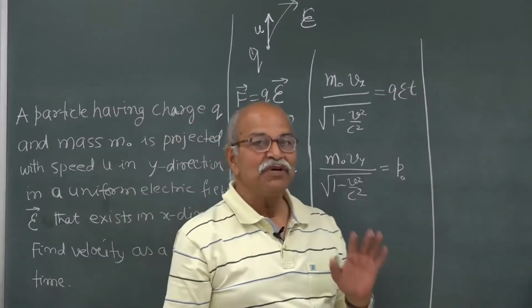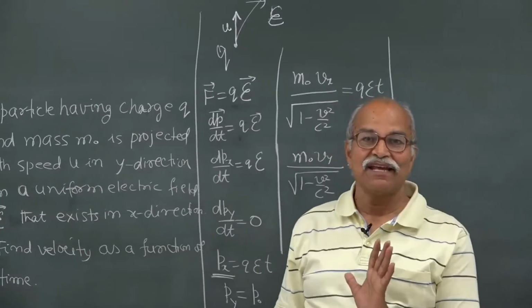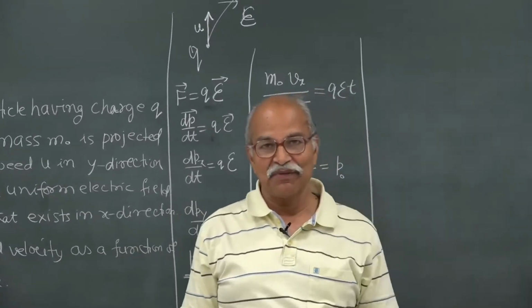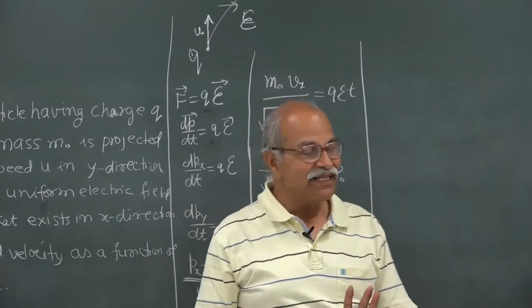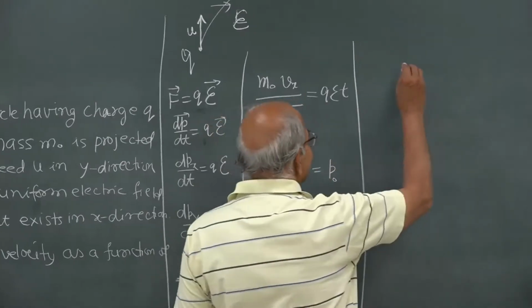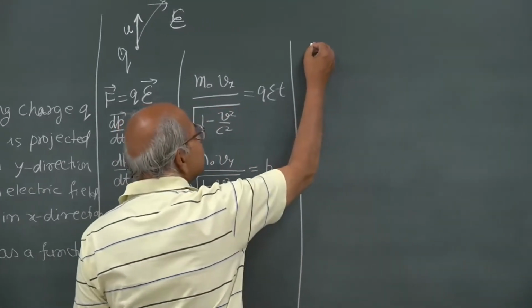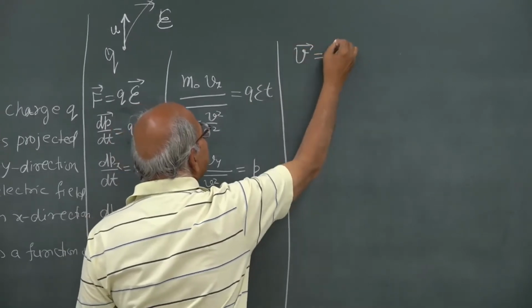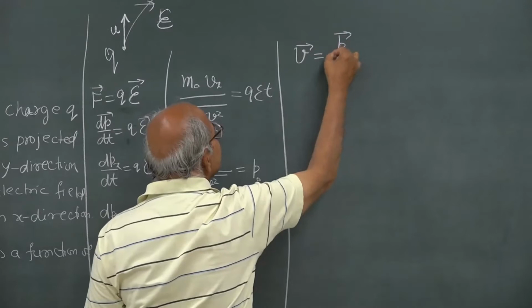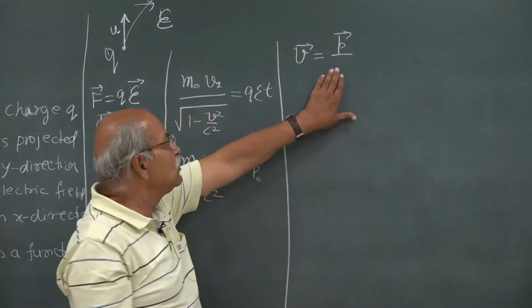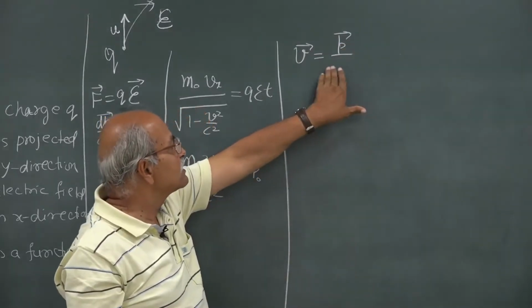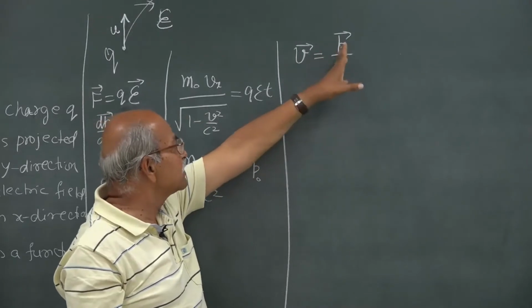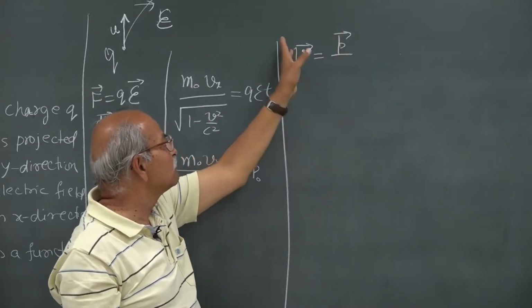Now, I am going to give you a very useful technique in solving such kind of problems, and that is, use this relation. If you want to write velocity, this is p divided by m naught gamma, the relativistic mass, v; that is the definition, p is equal to m naught gamma v.